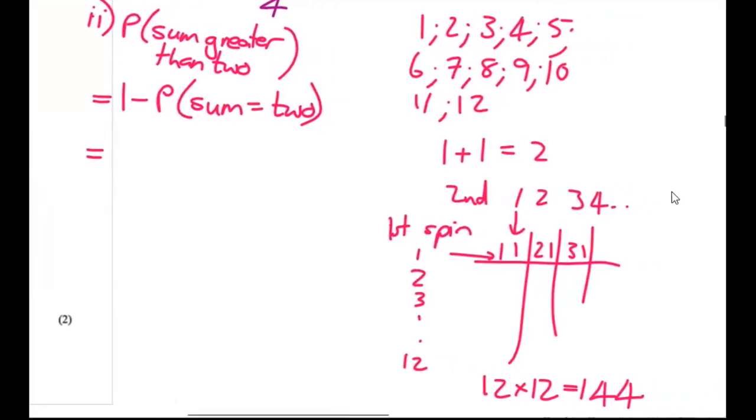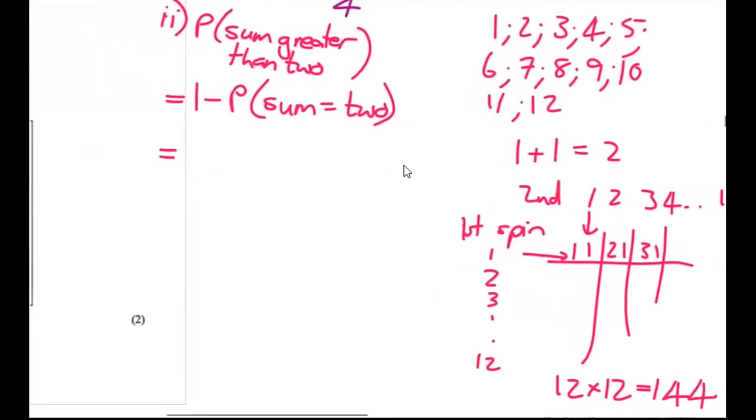It's kind of like we're going 12 down and 12 across. And we already said, going to our probability now, that only one of those sums is what we want. So it's going to be 1 minus 1 over 144, which gives us 143 over 144.